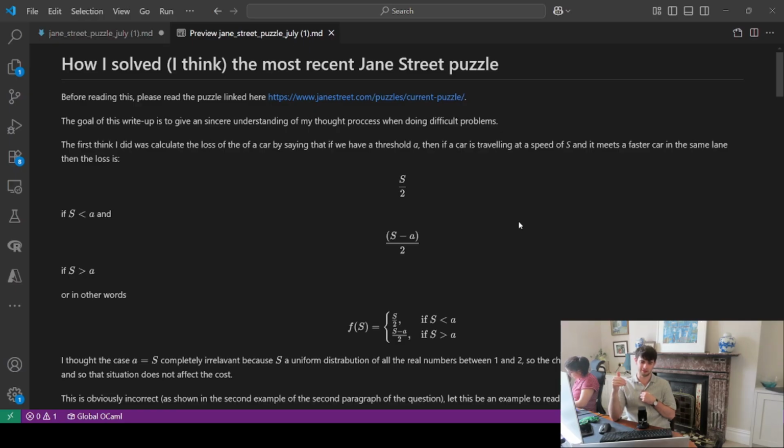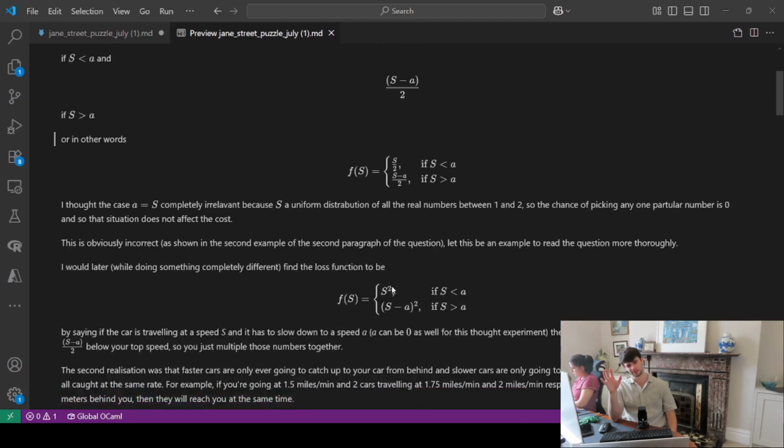And I basically found the loss to be S divided by 2, where S is your speed, if you're in the slow lane, below the threshold, and if you're in the fast lane, your loss would be S minus the threshold divided by 2. And then the second thing I realized is that that's just kind of complete nonsense, as seen in one of the examples in the question.